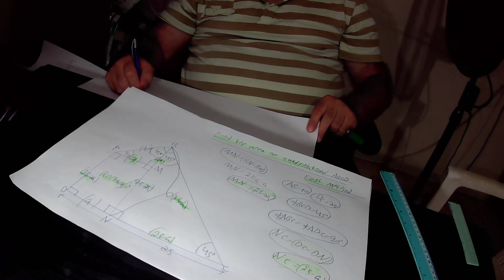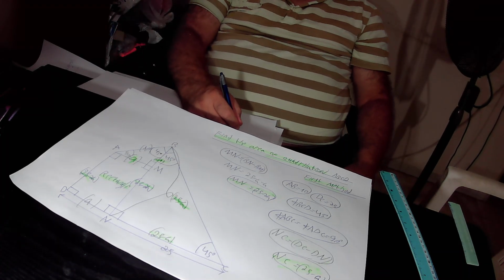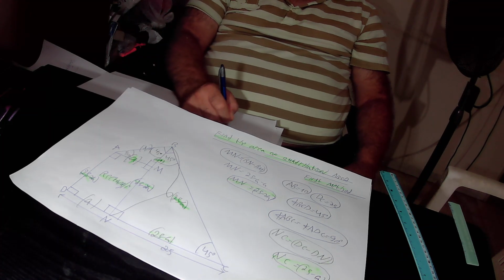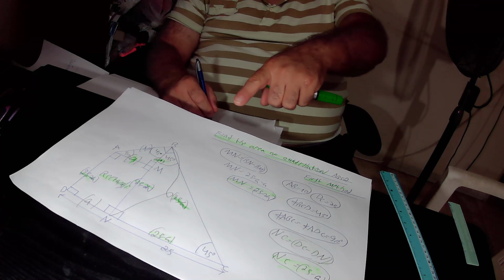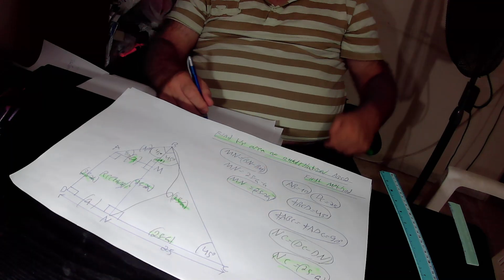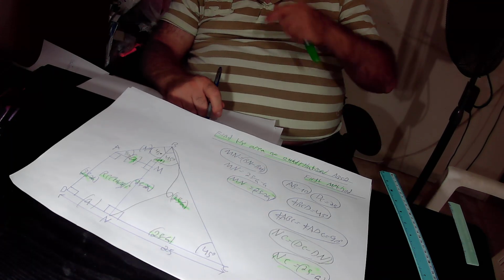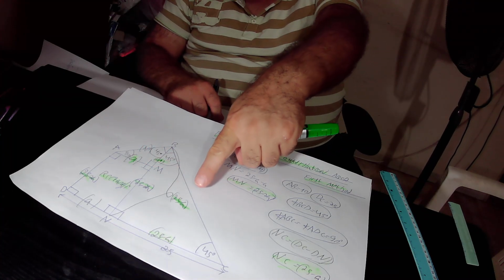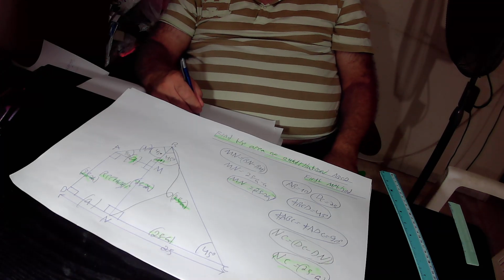So in total, the area of quadrilateral ABCD equals 50A minus 3A squared over 2, plus NC, which equals 25 minus A, times NB. NB also equals 25 minus A, so it is 25 minus A squared.